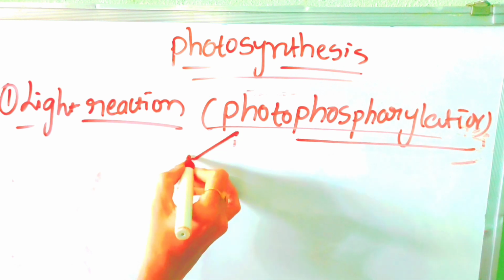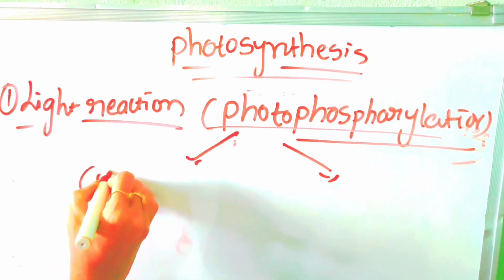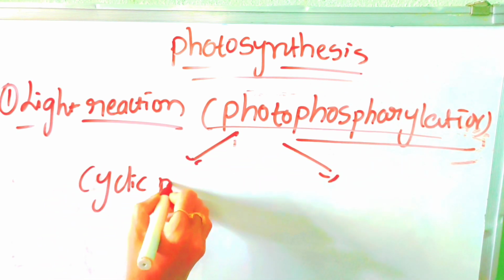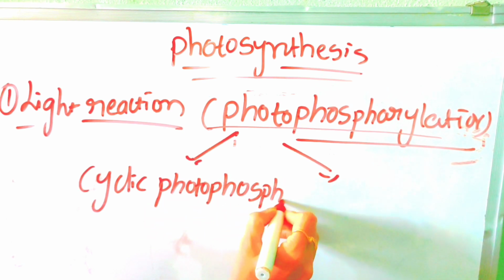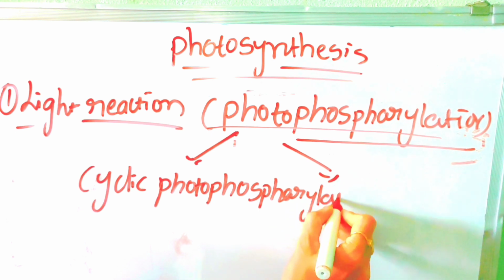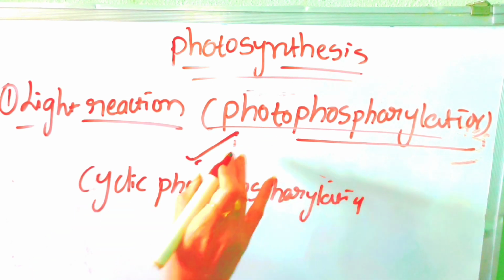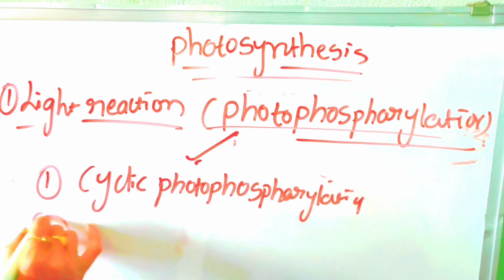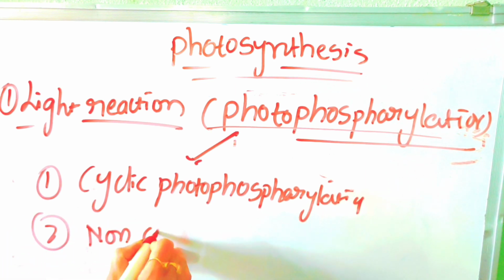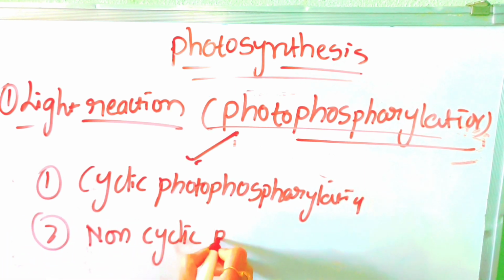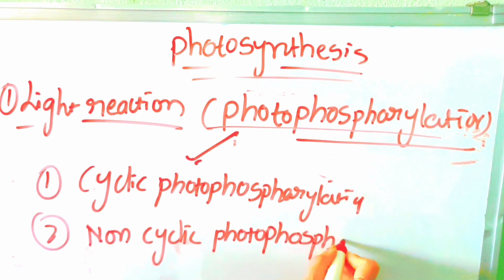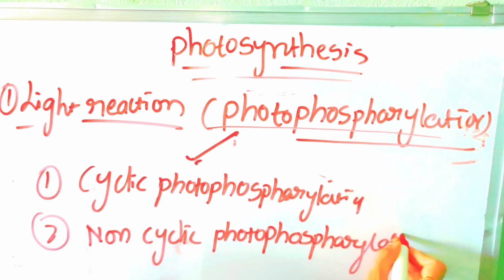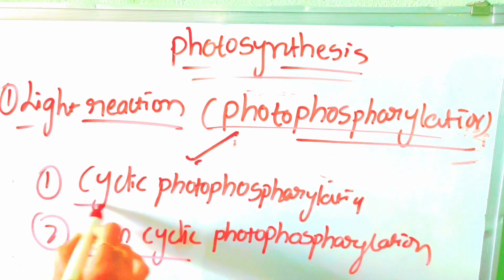The first one is cyclic photophosphorylation. The second one is non-cyclic photophosphorylation. Okay, these two are very important reactions in the light reactions. What is non-cyclic? What is cyclic?